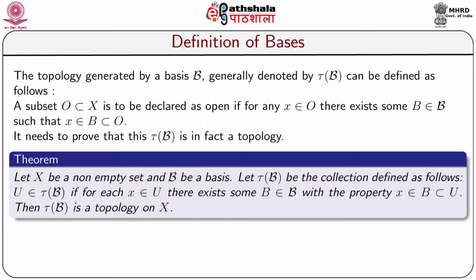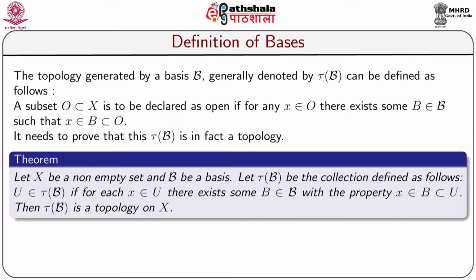So, theorem. Let X be a non-empty set and script B be a basis on X. Let tau B be the collection defined as above, that is, U belongs to tau B if for each x belongs to U, there exists some B belongs to script B with the property that x belongs to B, which is contained in U. Then tau B is a topology on X. To prove this, what do we have to do?